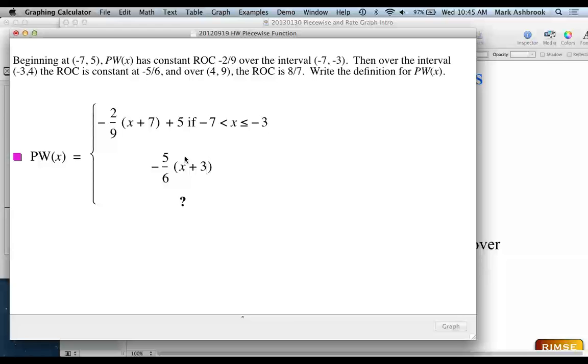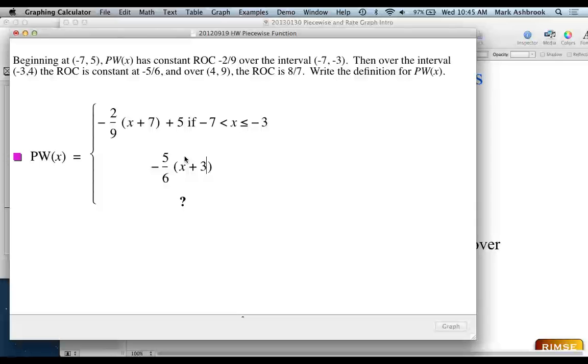So you have to imagine, when we're doing this, the first interval is from -7 to -3, and then the next interval is from -3 to 4, and then from 4 to 9.